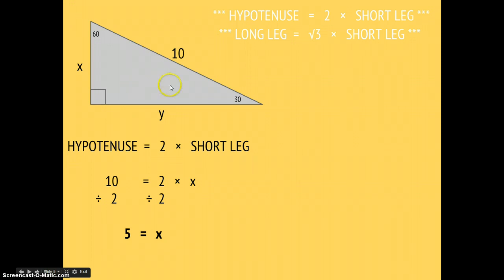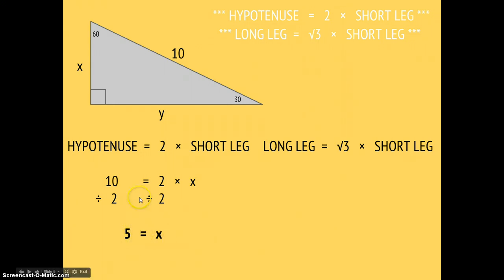So now I know the hypotenuse and I know the short leg. Knowing the short leg is super key for being able to work with the second formula, right? That second formula says that the long leg equals the square root of 3 times the short leg. I can't use this formula until I know the short leg. Well, whoop-de-doo, we know the short leg.